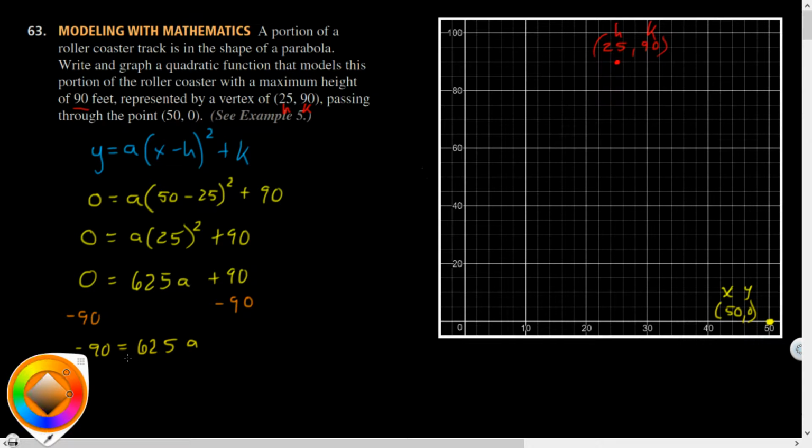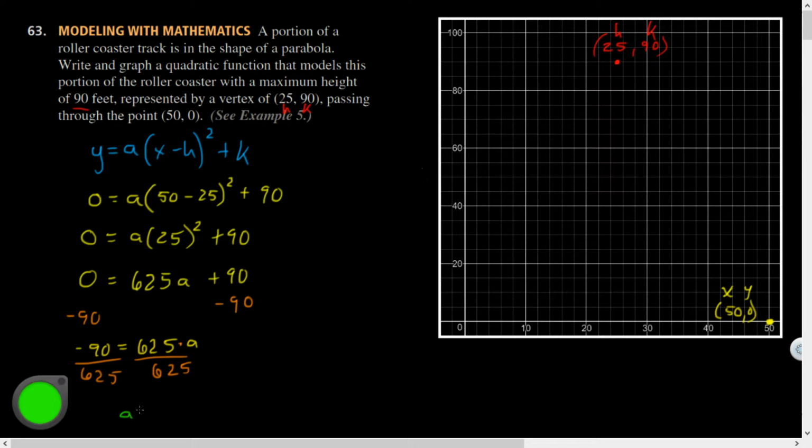And then a is being multiplied by 625, so the way to undo that is to divide on both sides. And so I end up getting a equals, oh, that's reducible.